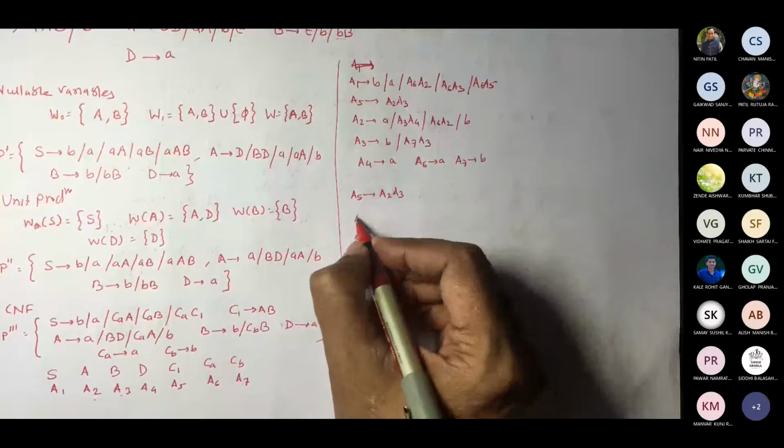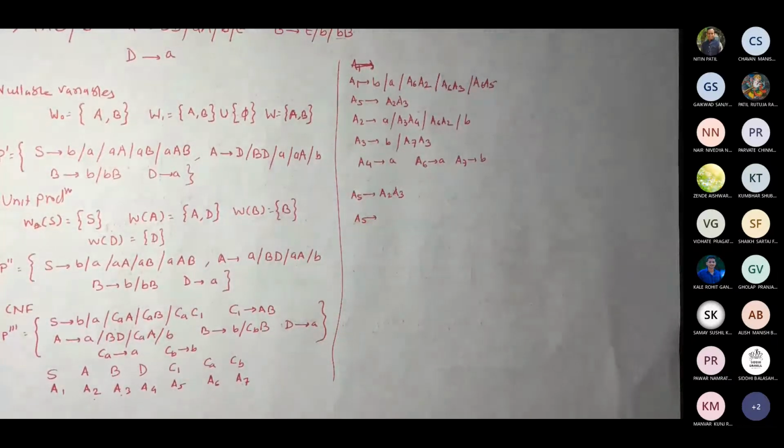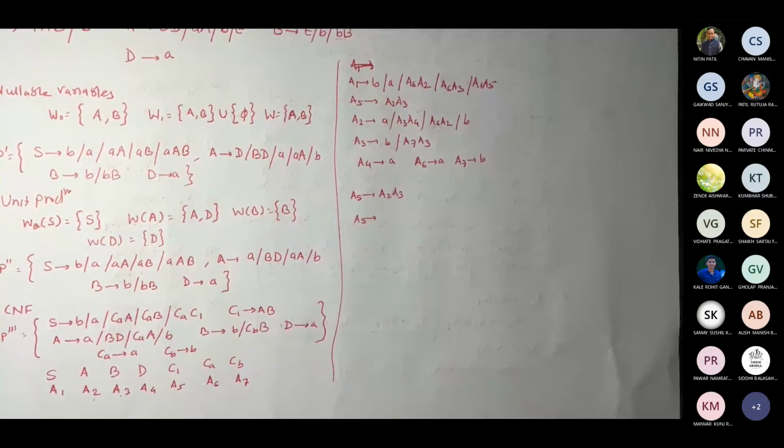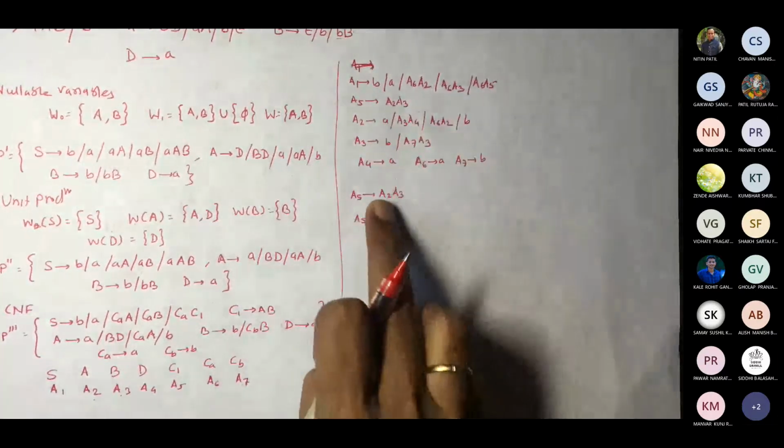So this should be rewritten as, now tell us what would be the productions for A5. How many productions would be there? One production. A5 gives A2, A3. So you have to put A2.